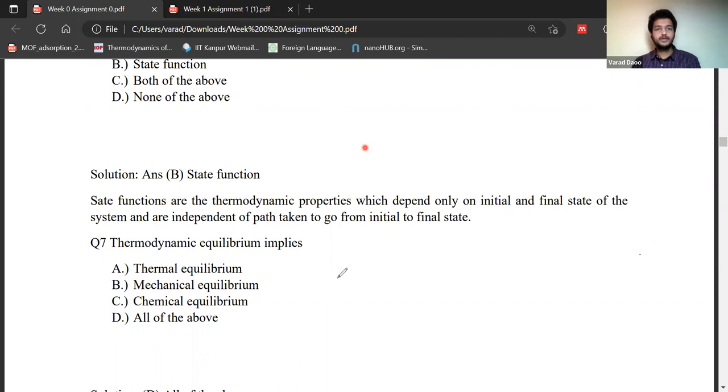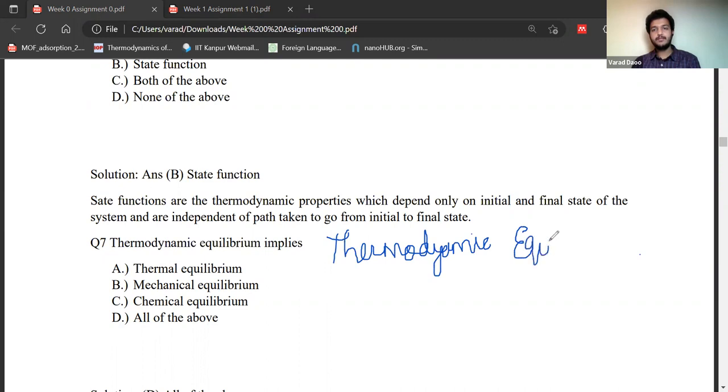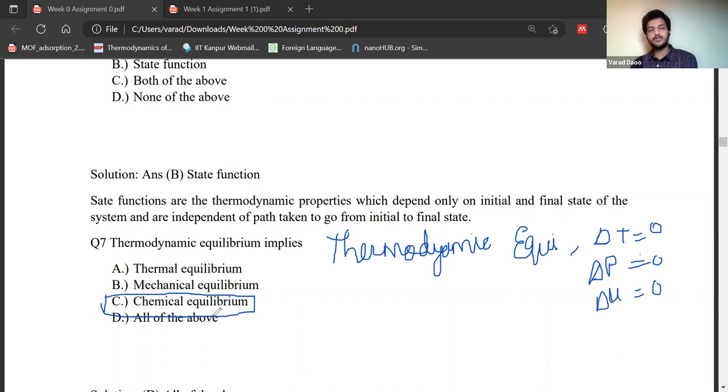So we know that thermodynamic equilibrium means change in temperature has to be zero, change in pressure has to be zero, and change in chemical potential has to be zero. Chemical potential is something we will talk about in detail in a subsequent lecture, right?